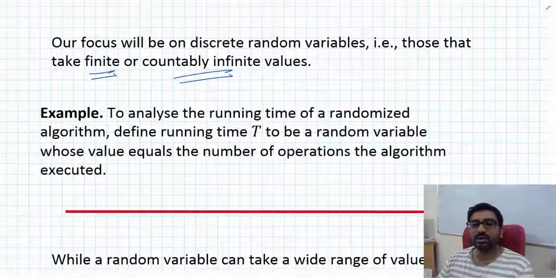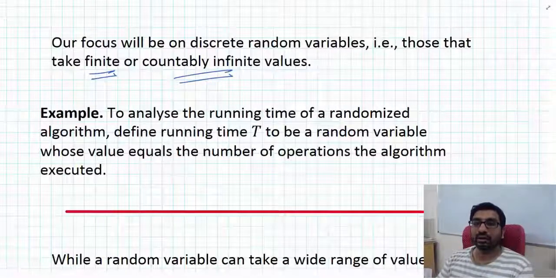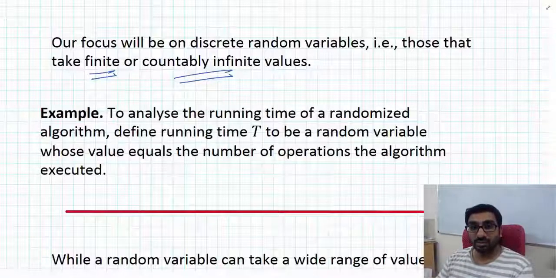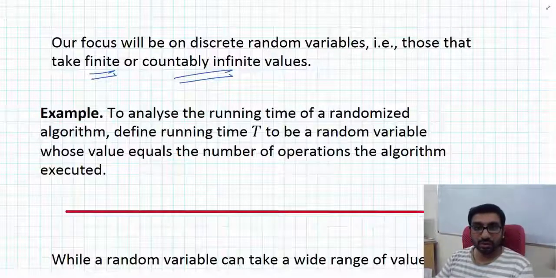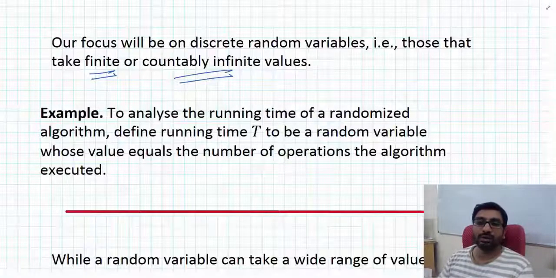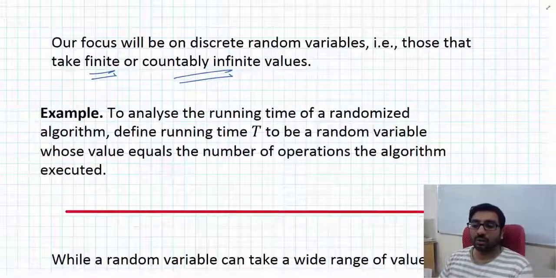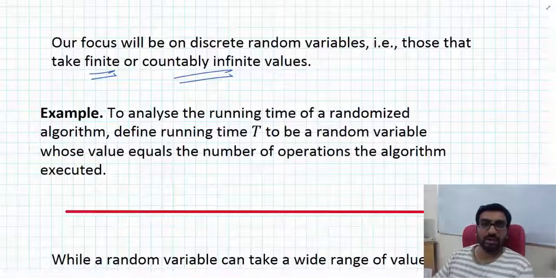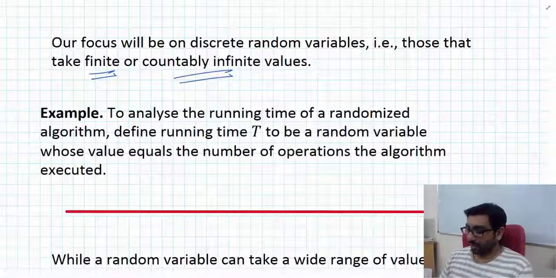As an example, consider the context of analyzing a randomized algorithm, and we're interested in bounding the running time of this algorithm. The running time depends on the execution of the algorithm. For the same input, because there are random choices made by the algorithm, it could execute in different ways in different attempts.